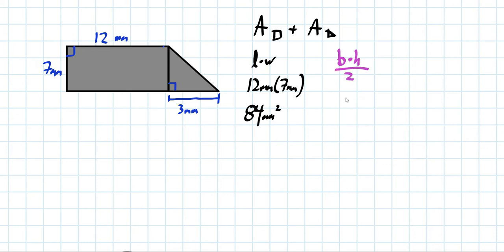The base is, well, it doesn't matter if we call that the base or that the base. One of them though. The base is 3 millimeters. The height, this measurement here, is the same as that measurement there, 7 millimeters over 2. So 3 times 7 is 21, divided by 2 is 10.5.